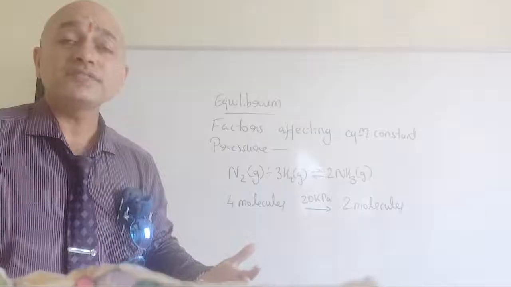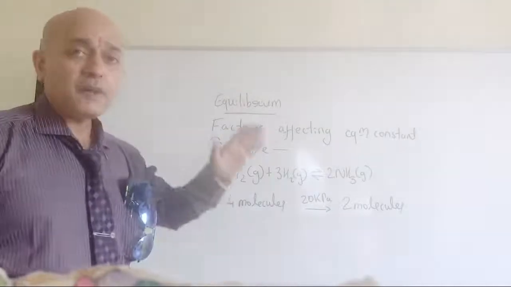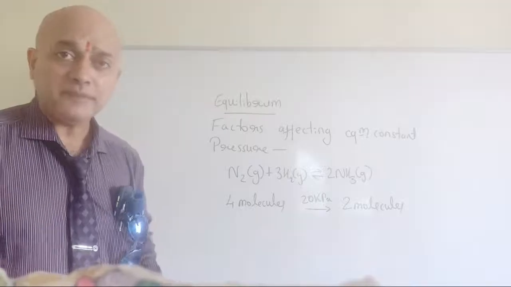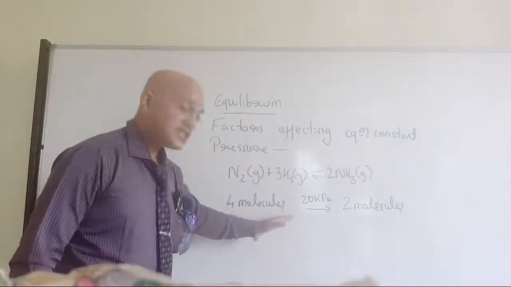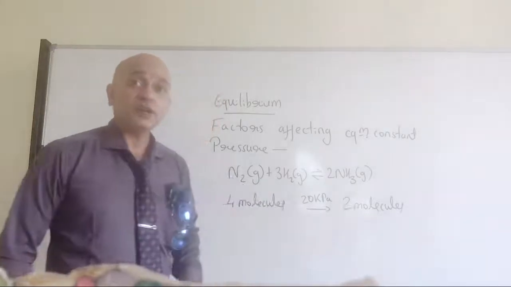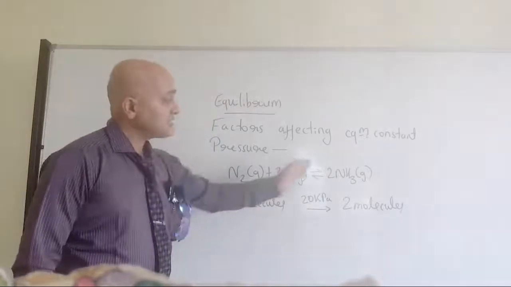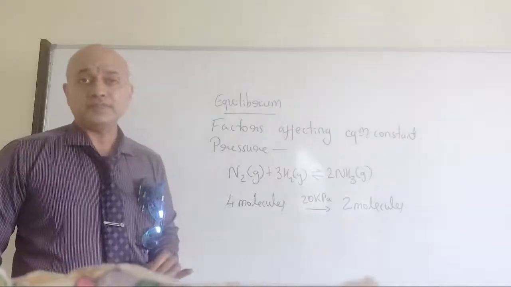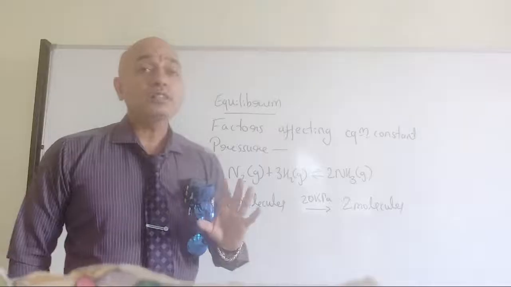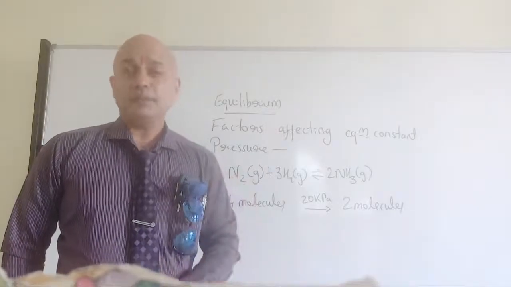That is the feature of gaseous molecules. Whenever you apply pressure, they try to move away from the pressure area. Right? So the reaction will adjust in such a way that it shifts towards the side where fewer gaseous molecules are there. Fine? That is the impact of pressure on the equilibrium.